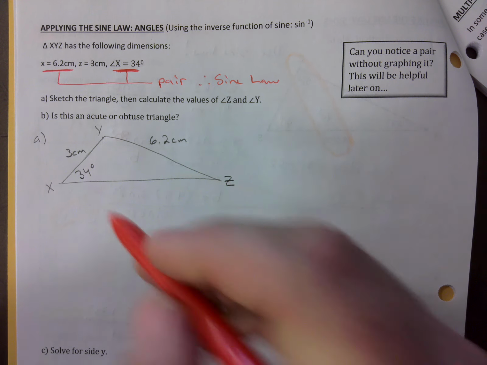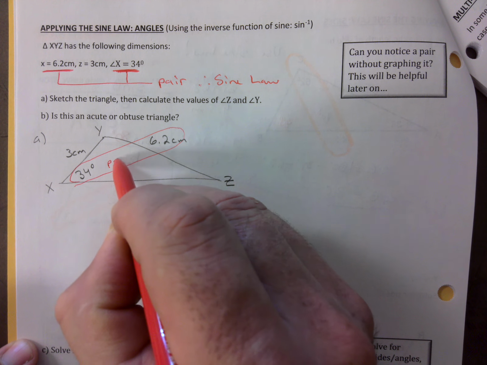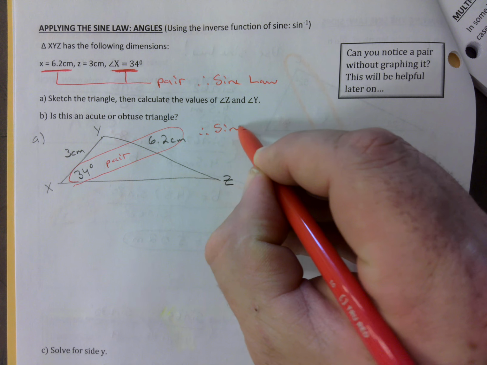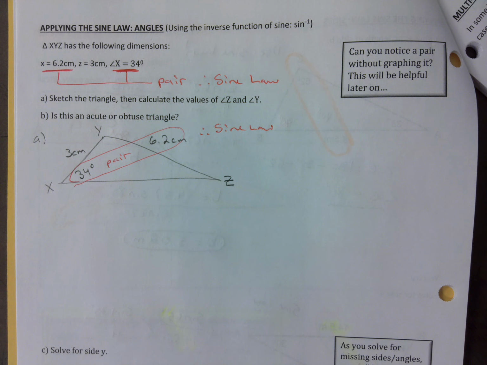You see the pair? There it is. Therefore, sine law. You see that it's jiving. I like you to have multiple ways of figuring out if you're on the right track. So, let's see what we can do.